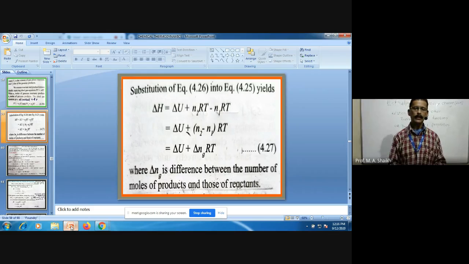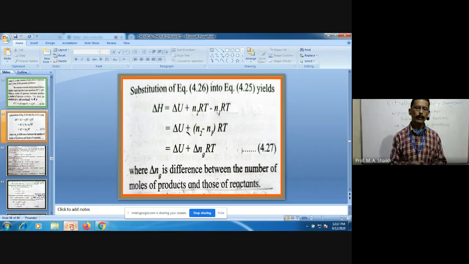So what is the complete equation? Delta H is equal to delta U plus delta Ng RT, and G is for the gaseous state. So how to find delta Ng? Delta Ng is equal to N2 minus N1, where N2 is the number of moles of gaseous products, and what is N1? Number of moles of gaseous reactants. Every time I'm telling you, the word gaseous is important.